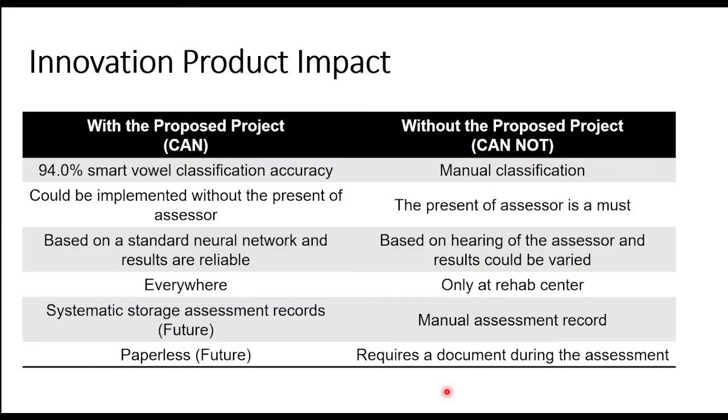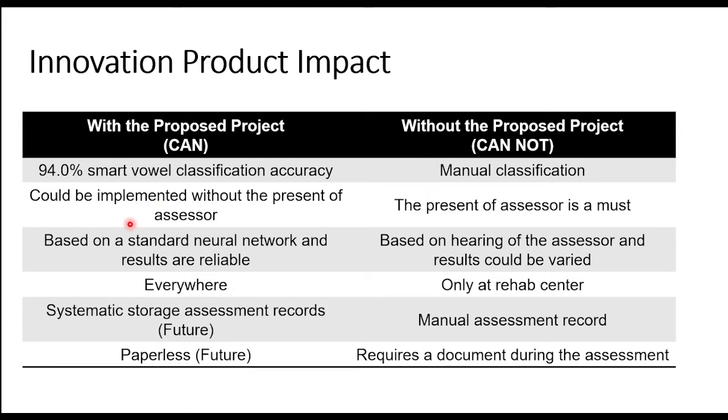Speaking of the innovation product impact, we believe that if our product can be accelerated forward to the national level or the world level, these are what we can give to the community. First is 94% smart vowel classification accuracy, trained, tested, and evaluated by ourselves in the lab environment and the TRL level environment.